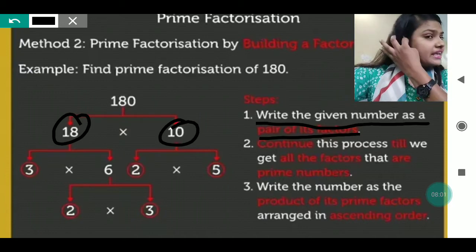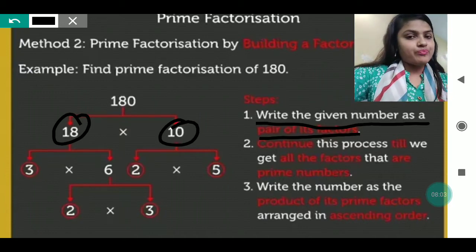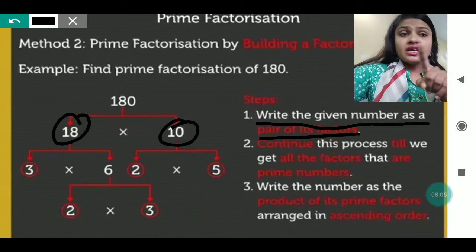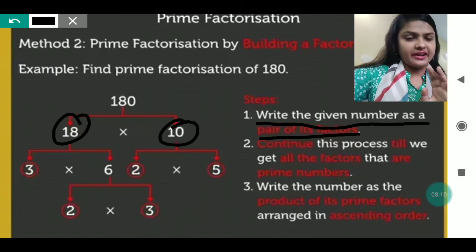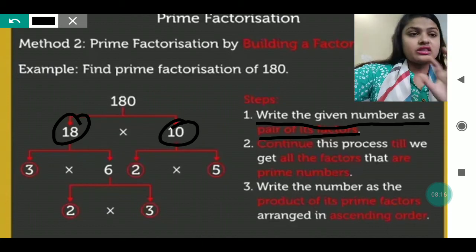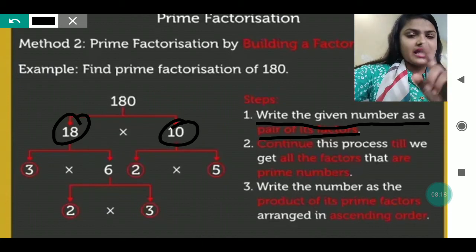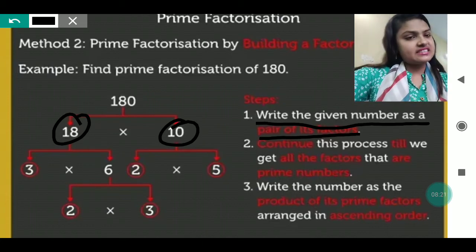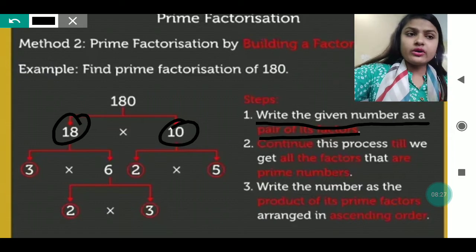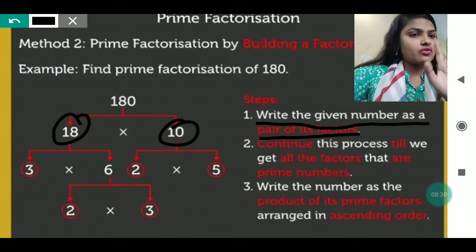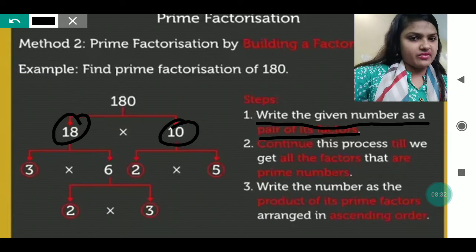In the table of 3, 18 is coming 6 times, and in the table of 6, 18 is coming 3 times. That also I have made a pair. Means 18 into 10 is 180 and 10 into 18 is 180. So this kind of pairing we are talking about. Like 3 into 6 is 18 and 6 into 3 is also 18. The pair of 10 will be 2 and 5. 2 into 5 or 5 into 2, in both cases you will get 10 only. So that pair we have made.